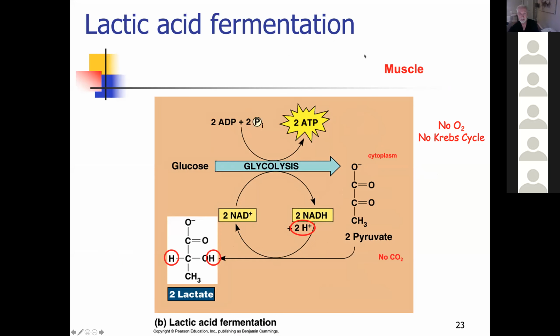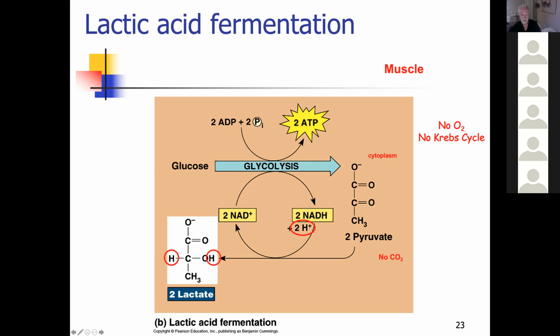What if the muscle cells have no oxygen? What happens? Well, you get the same first step. Glucose undergoes glycolysis, and you get pyruvate molecules, but no carbon dioxide is generated.